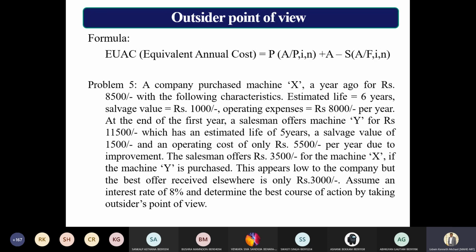What would be the cost of buying a Defender machine? See, Defender is nothing but a used machine, a machine that has been used for 1 year, right? So what would be the cost they have to pay?